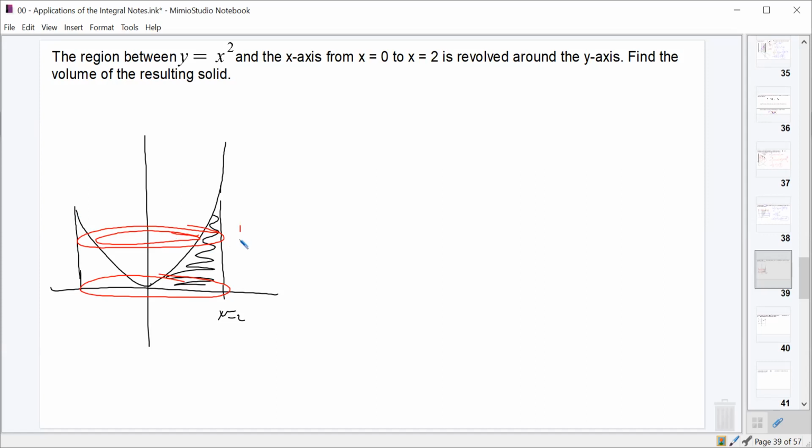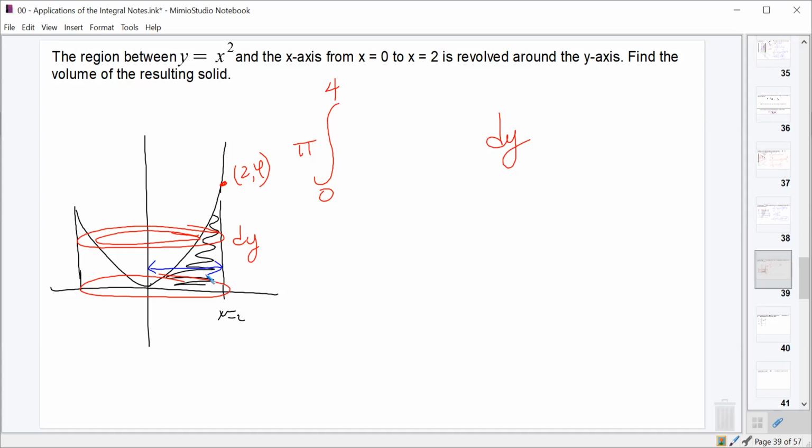These have a thickness of dy. So we're going to do pi times an integral from the bottom of the region, 0, to the top of the region, 4, of the outer radius squared minus the inner radius squared dy. Our outer radius extends from the y-axis to the rightmost bound of this region.